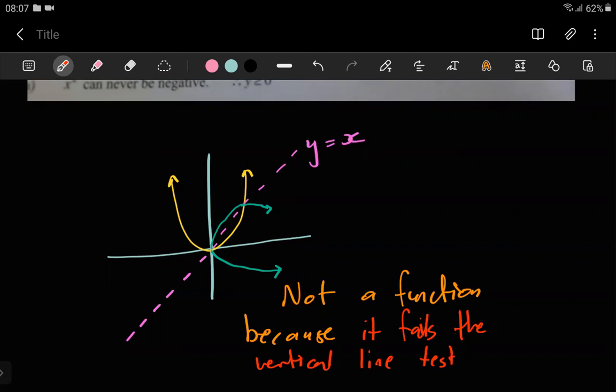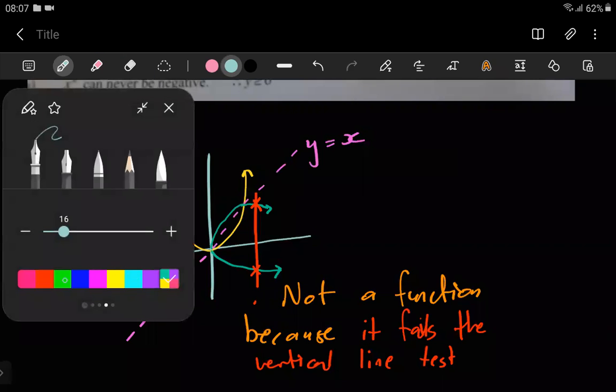So the vertical line test is basically you're drawing a straight line going downwards. If that straight line cuts the graph once, it's a function. That's why the yellow graph is a function, because it passes the vertical line test. The green one fails the vertical line test, because the red line touches it twice. So this here is not a function because it fails the vertical line test.